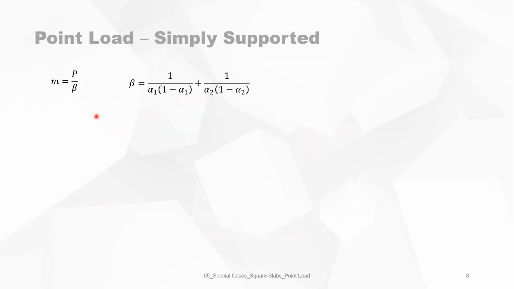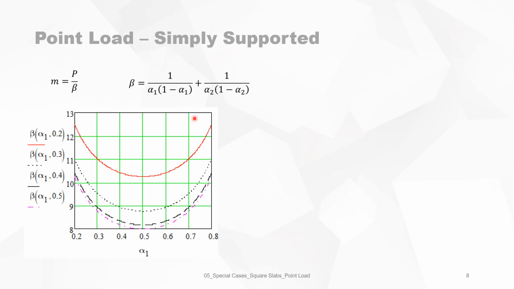So m is P over beta. Beta is equal to this expression. Instead of plotting m for different values, you can just plot the coefficient beta for the different values, so that the bending moment is the point load divided by this number, as a function of alpha 1. For alpha 2, we only need those 4 curves.